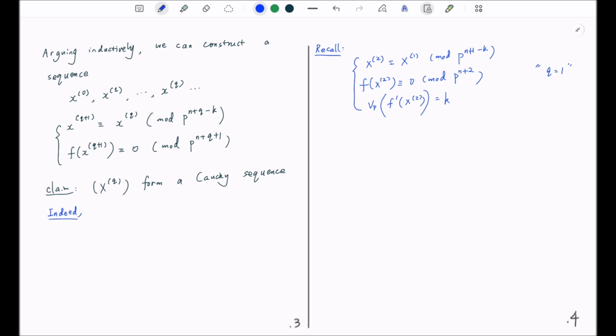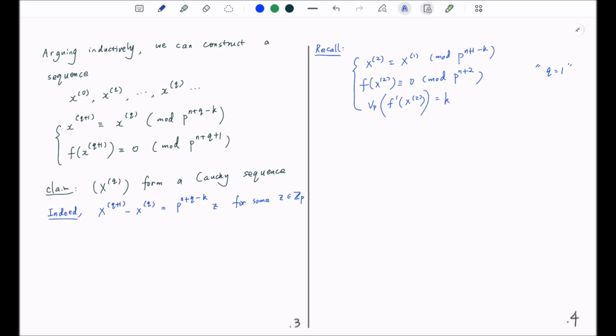So let's just check the difference x^(q+1) minus x^q. By construction, their difference is a multiple of p to the power n plus q minus k. So this is p to the power n plus q minus k times z for some z in Zp.